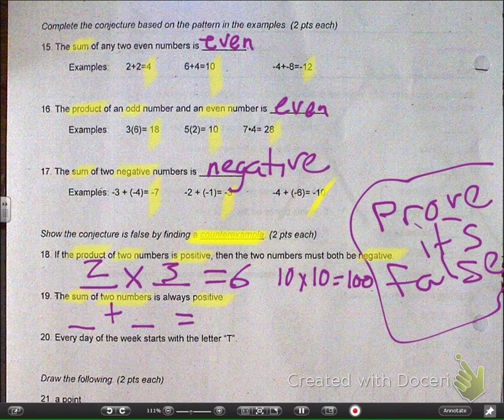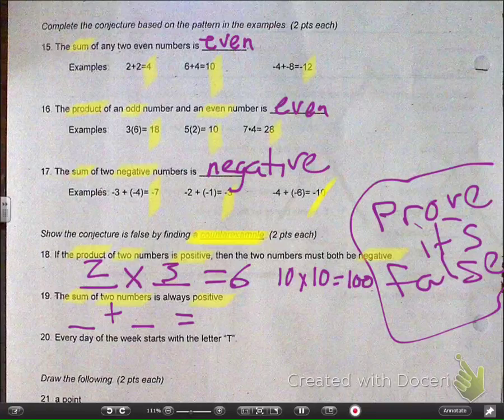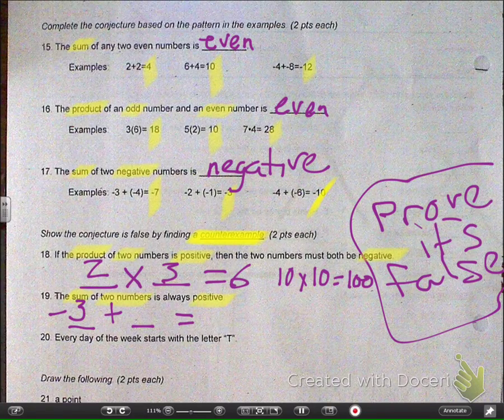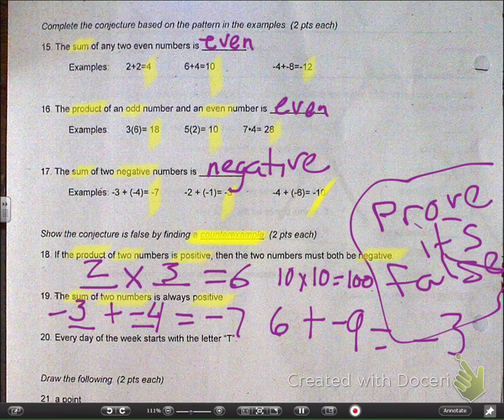Okay, when can I add a number and get a negative number? -3 plus... Right? Because my answer is negative. Or you could have done something like this. 6 plus -9 is equal to -3. That would have worked as well.